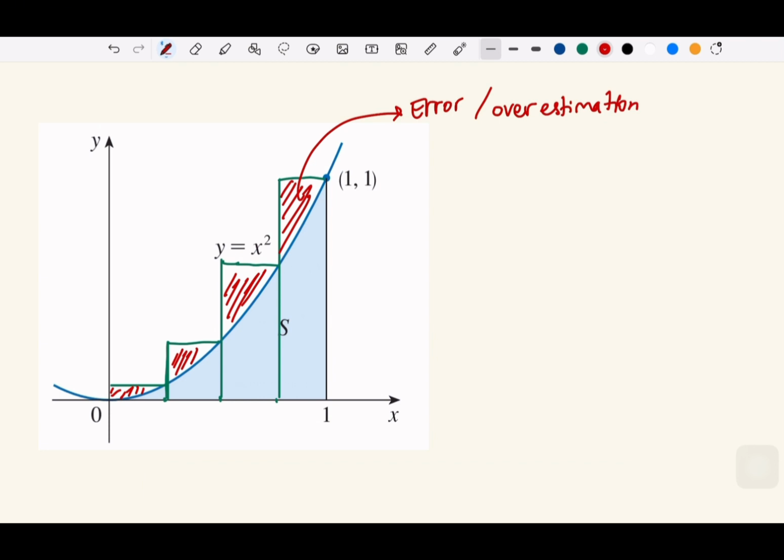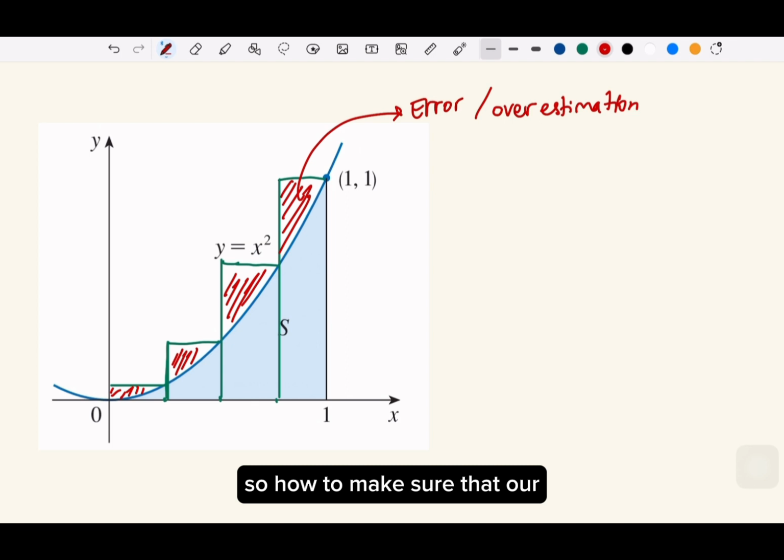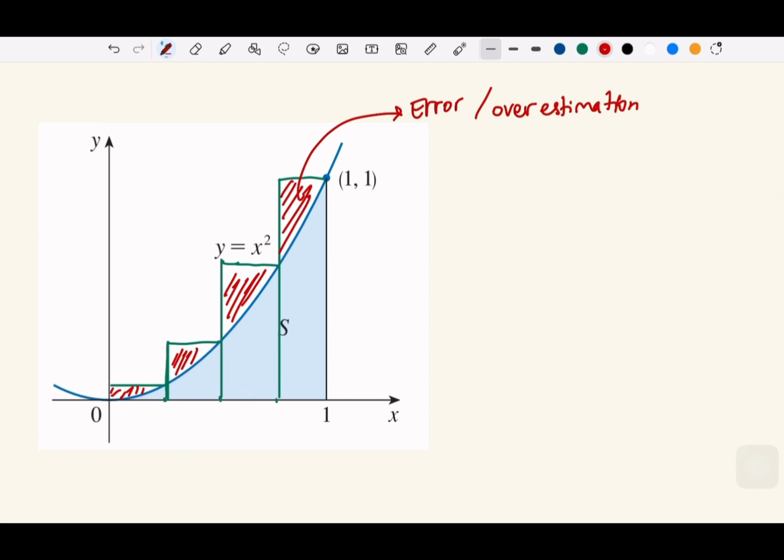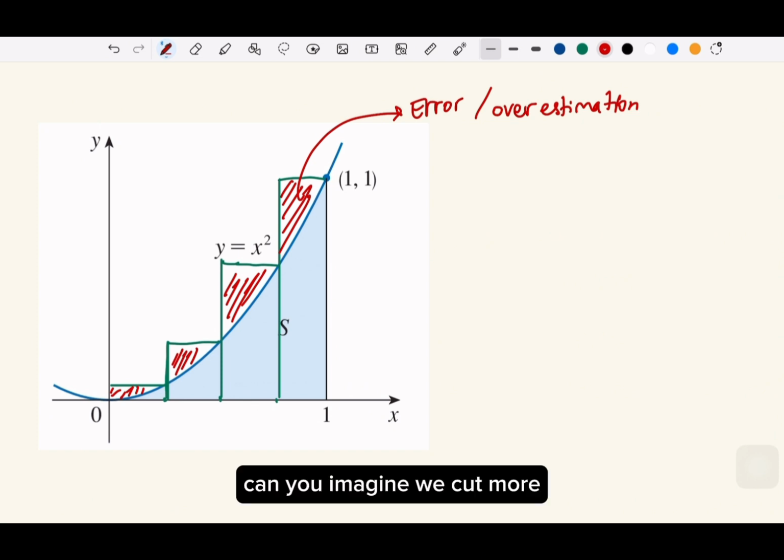Okay? So how to make sure that our error can be as minimum as possible? How to minimize this error? We need to make sure that the error is as small as possible, right? One way to make this really, really small, we cut more. Can you imagine? We cut more.